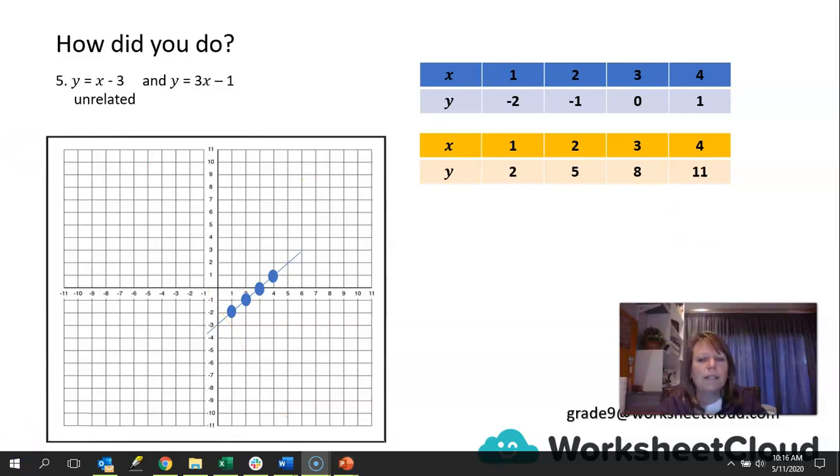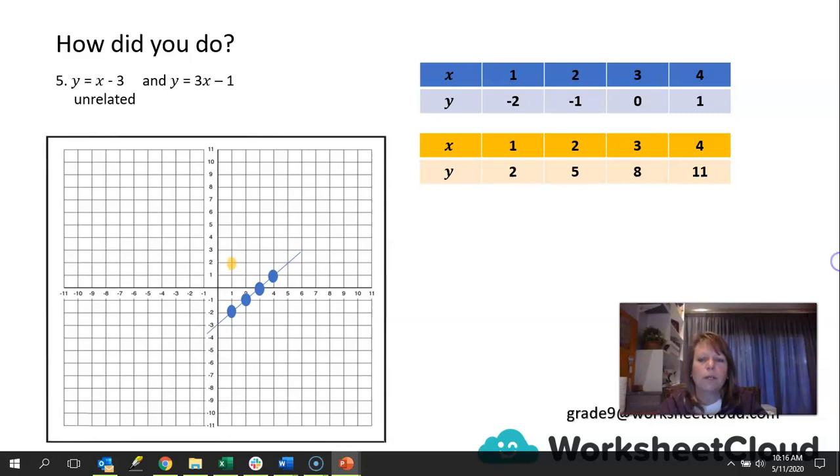I fixed that graph for us. Sorry about that, or rather the table. Okay, so where x is 1, y will be 3 minus 1, which is 2. Where x is 2, that's 6 minus 1 is 5. Where x is 3, that's 9 minus 1 is 8. And where x is 4, that's 12 minus 1 will give me 11.